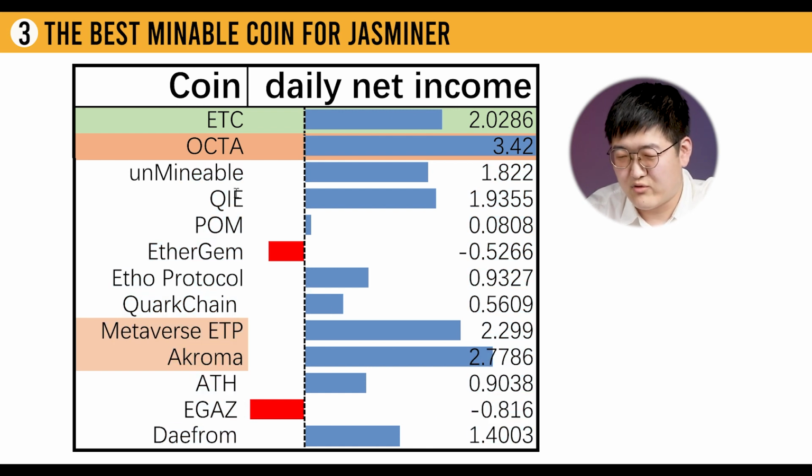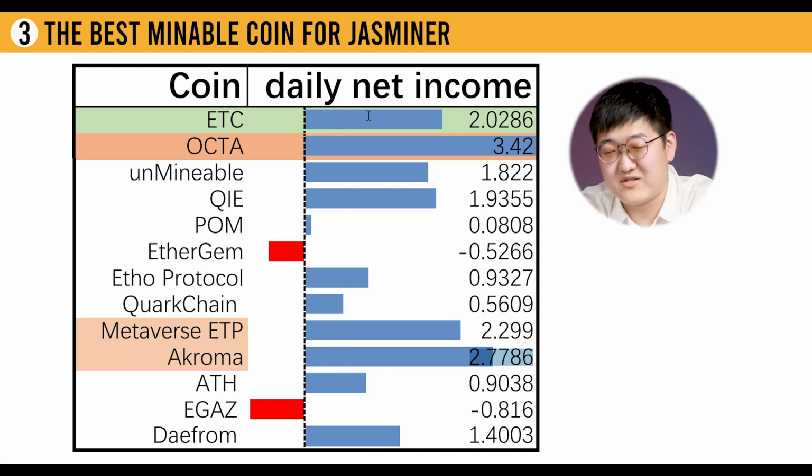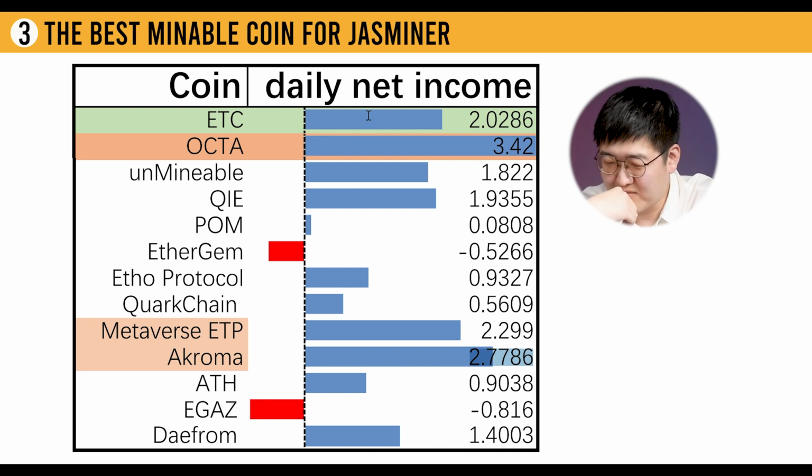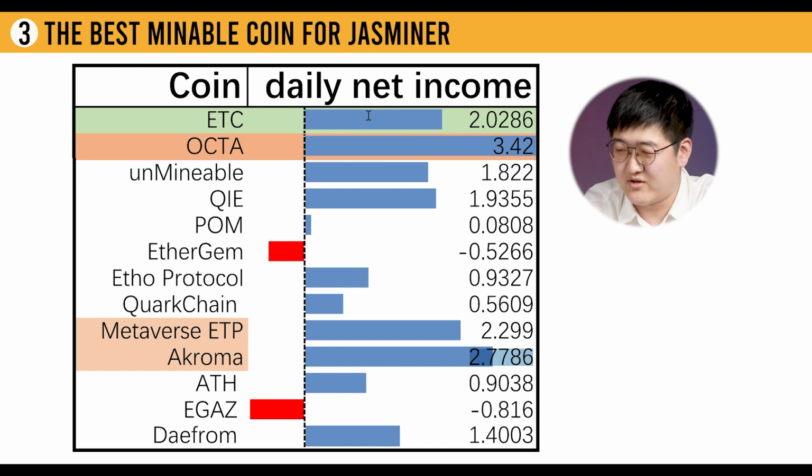For the recommendation, OCTA is currently highly suggested. And Metaverse ETP as well as Akoma are higher than ETC. If you consider OCTA not very stable or not for long-term investment, you should look into these two altcoins. Maybe it's another choice for you.